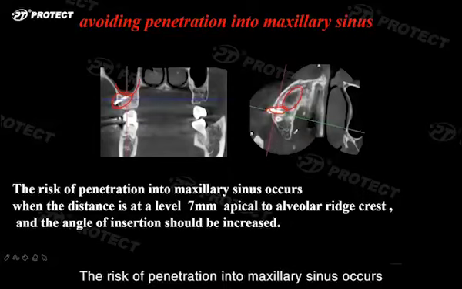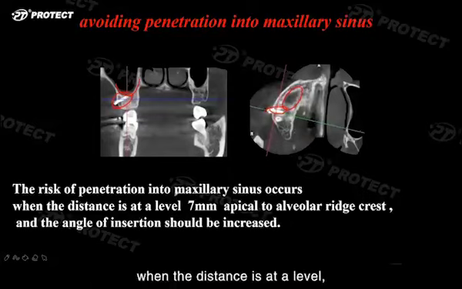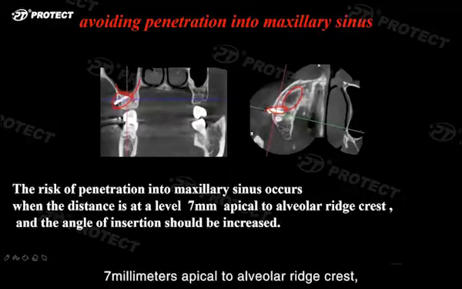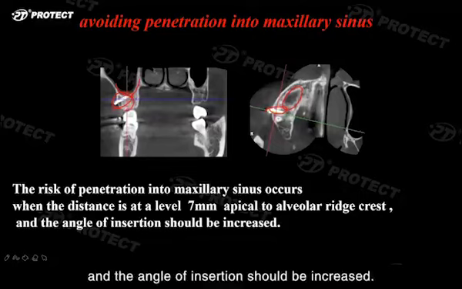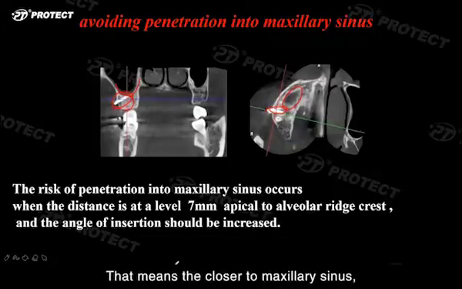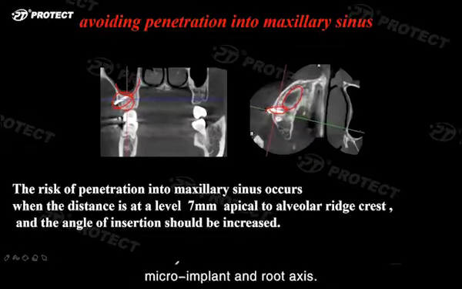The risk of penetration into the maxillary sinus occurs when the distance is at a level 7 mm apical to the orbital ridge crest, and the angle of insertion should be increased. That means the closer to the maxillary sinus, the wider the angle needed between the micro-implant and the root axis. This angle.